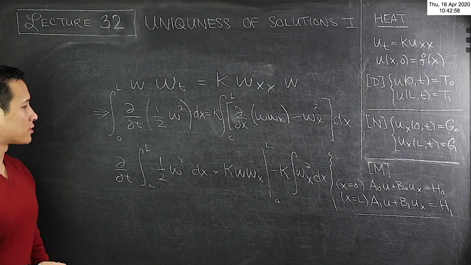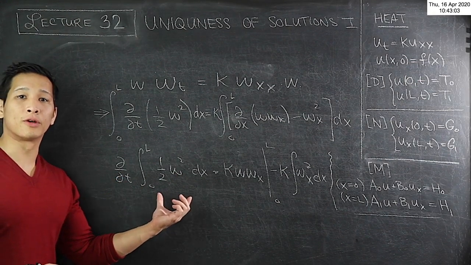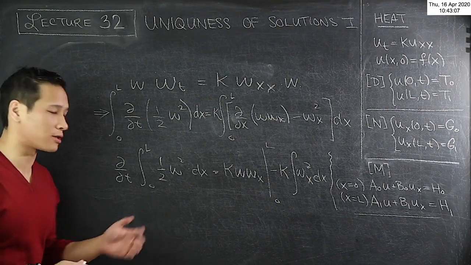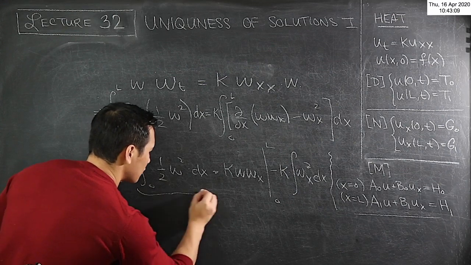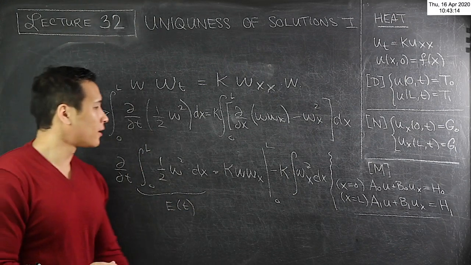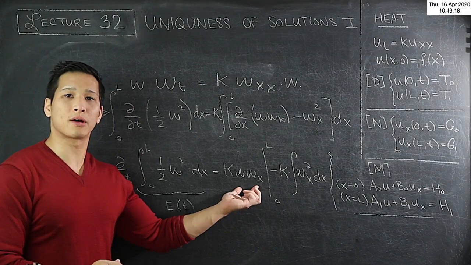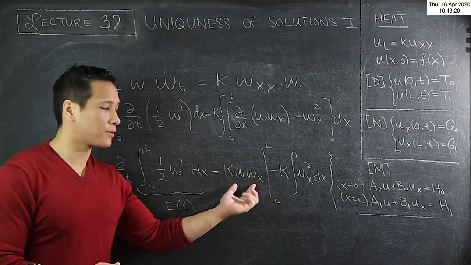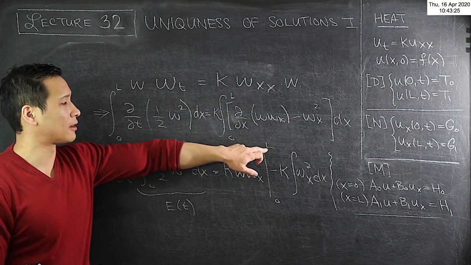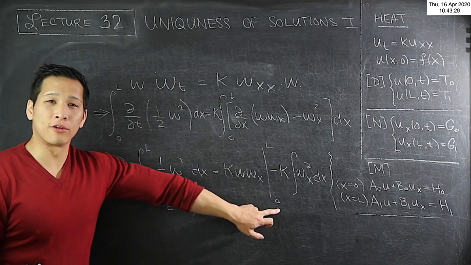Okay, good. So firstly, this quantity on the left-hand side, for reasons that are going to become quite clear, I'm going to call the energy. So I'm going to call this thing here E of t. The next thing I'm going to do is impose the boundary conditions on this quantity here. In order to evaluate this, you have to take w at the L endpoint, and then subtract w at the 0th endpoint.